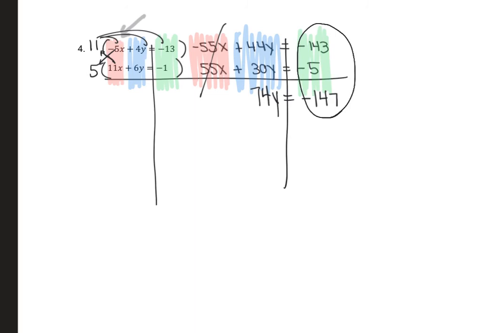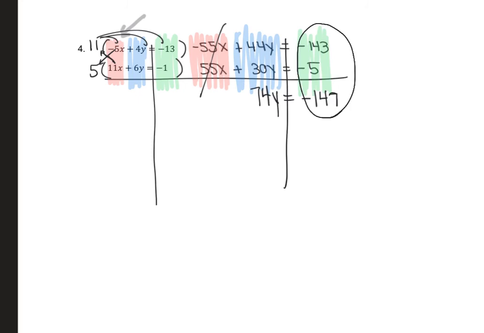When you divide 147 divided by 74, you get like 1.98, and it's so close to 2. That is really close to 2.